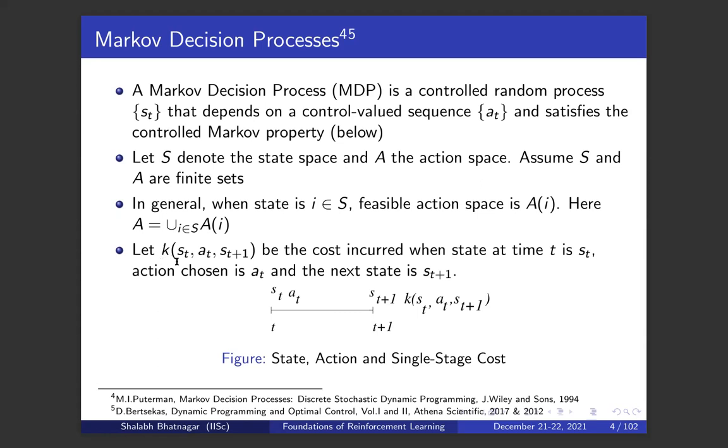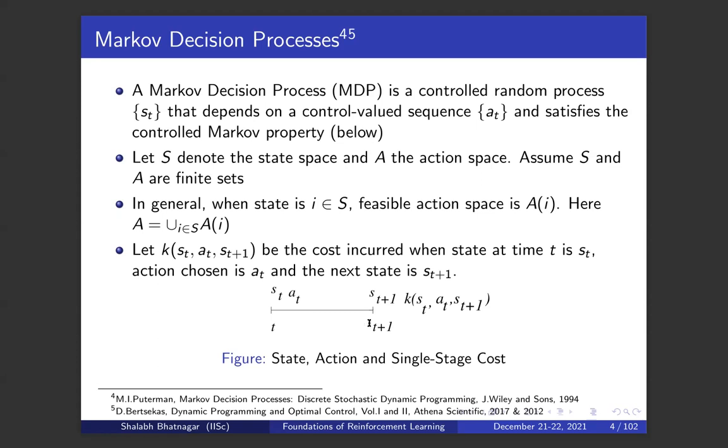Now let's denote as K(s_t, a_t, s_{t+1}) the cost, what we also call a single stage cost, that is incurred when the state is s_t and the action chosen is a_t. So here is the timeline. At time t, the system is in state s_t, and the agent selects an action a_t. We are assuming, of course, that time is discrete for convenience.